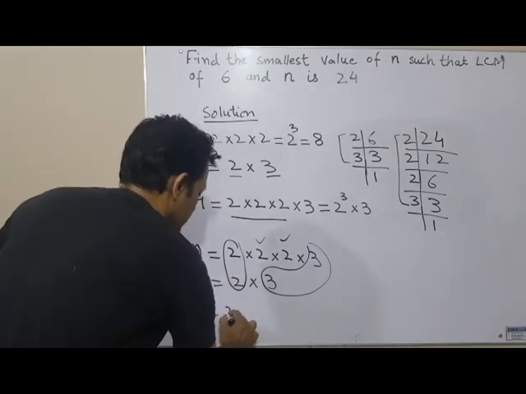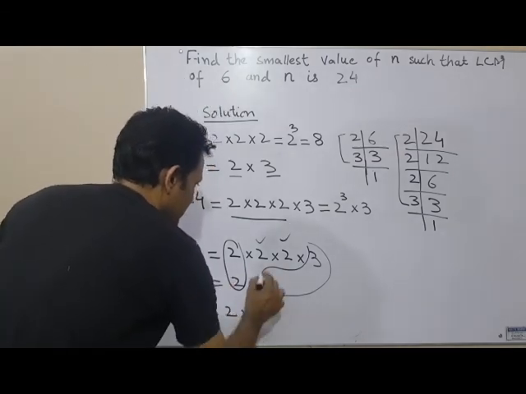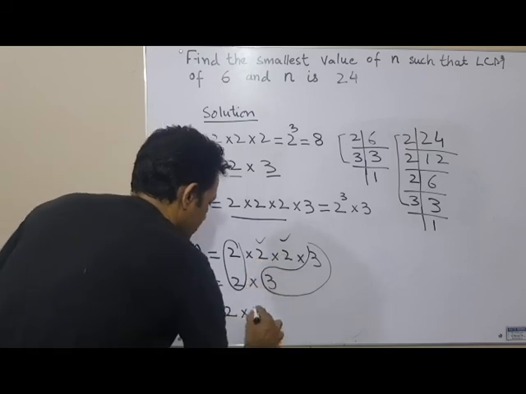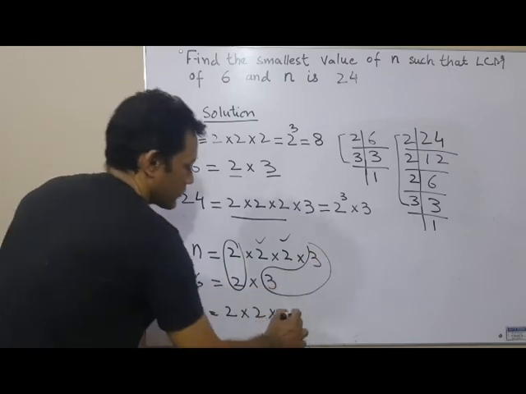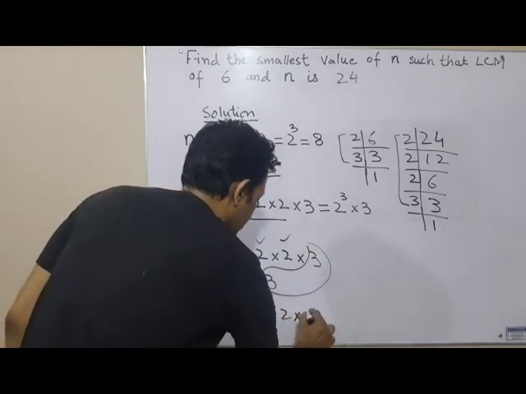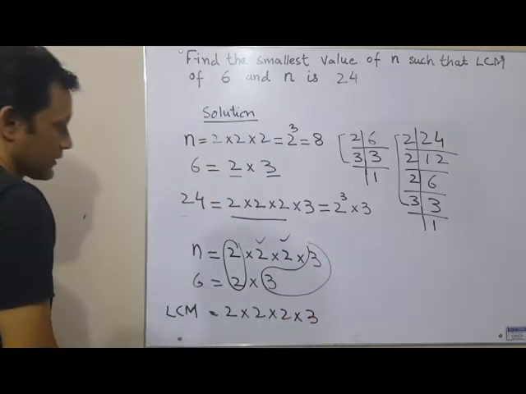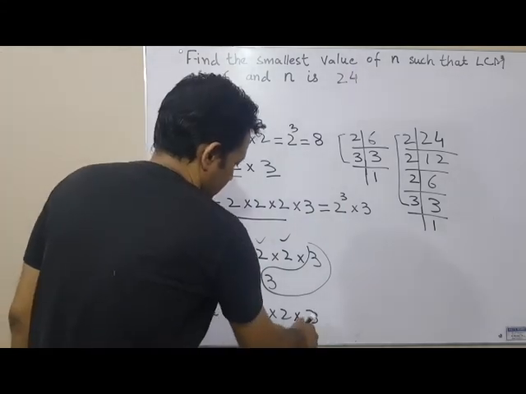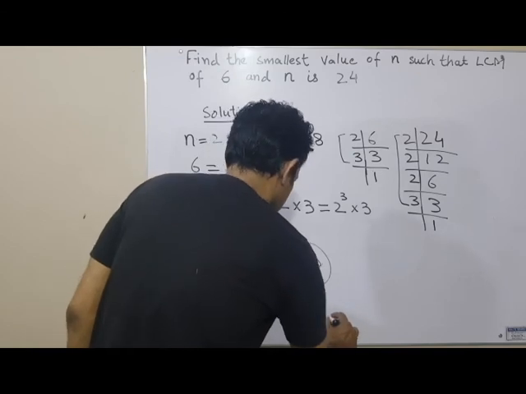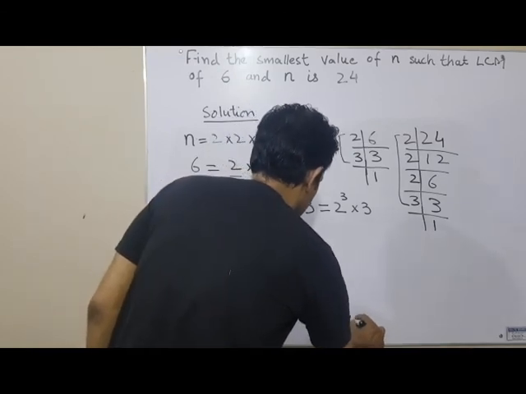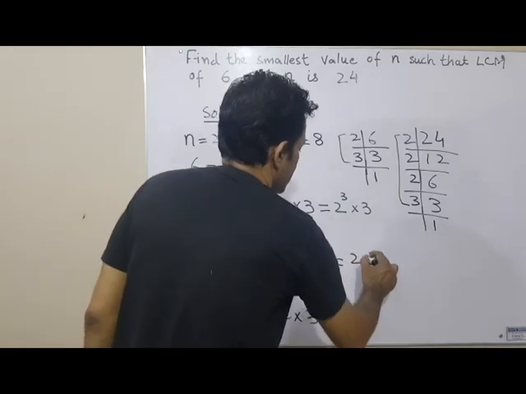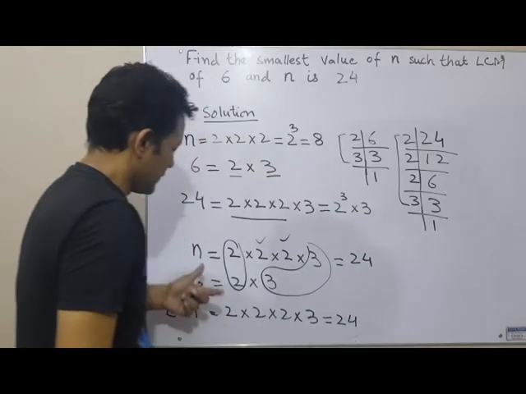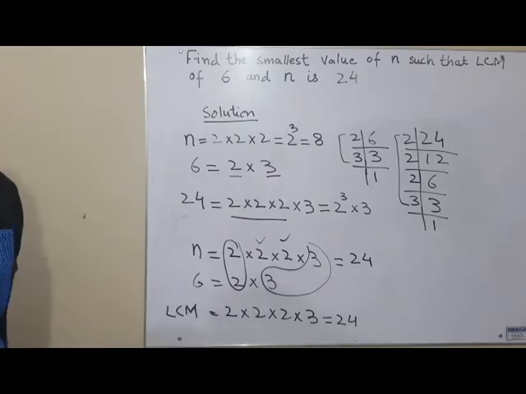This 2 will be taken one time. These remaining factors are also written, and this common 3 will be written only one time. 2 2s are 4, 4 2s are 8, 8 3s are 24. So the LCM is the same. So another possible value for n is 24, and the LCM will remain the same.